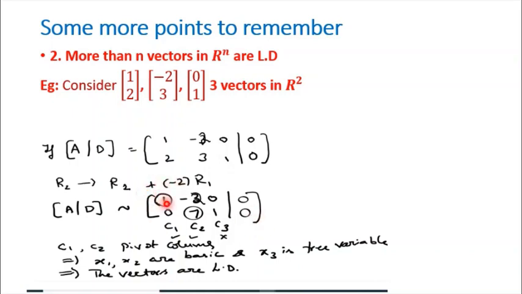Now the first row has pivot position 1, and this is 0 here, and the second row pivot position is 7, and there is no more row. So my echelon form is completed.